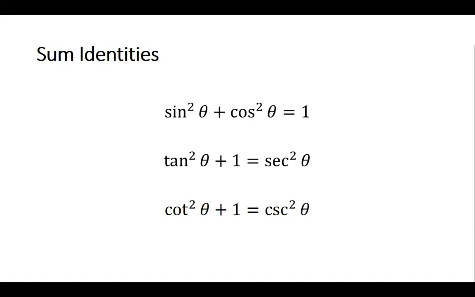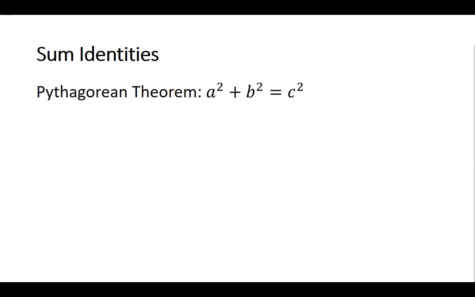Tangent theta plus 1, cotangent theta plus 1 being equal to secant squared theta and cosecant squared theta respectively, not so much so. But the key thing is, can I come up with it if I need to? And here's how you do that. So we're going to start out and realize that those sum identities are based on the Pythagorean theorem. A squared plus B squared is equal to C squared.